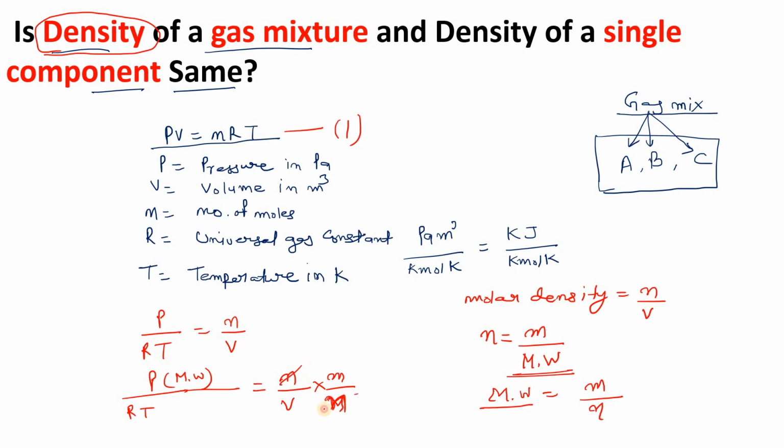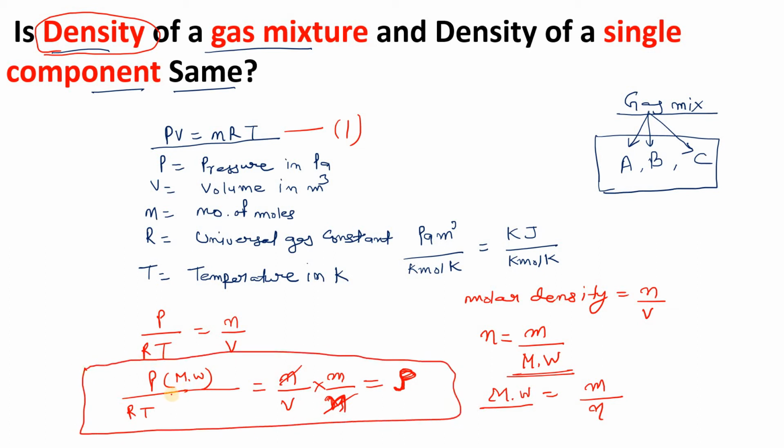So this n and this n will cancel out. This mass by volume becomes my density. This is the density, and this is my formula. Here you can see pressure P into molecular weight divided by RT is equal to rho.